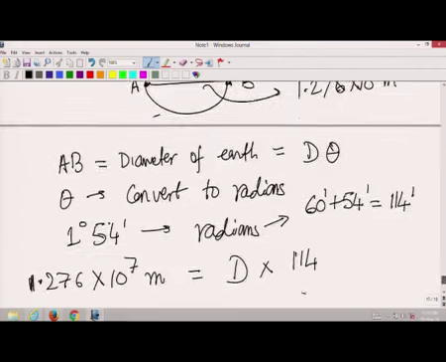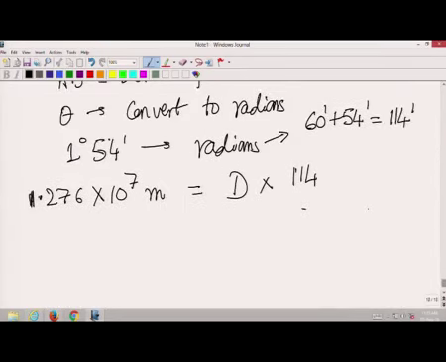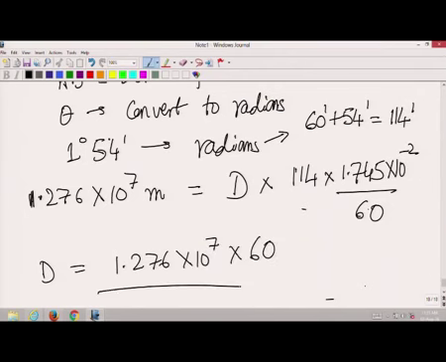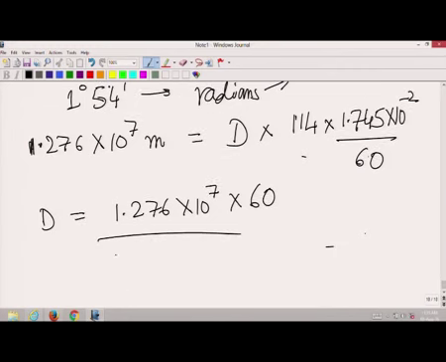So, this will multiply 1.745 into 10 to the power of minus 2 divided by 60. And now, we work this out. So, we will get D is equal to 1.276 into 10 to the power of 7 into 60 divided by 114 into 1.745 into 10 to the power of minus 2 meters. So, we can work this out.